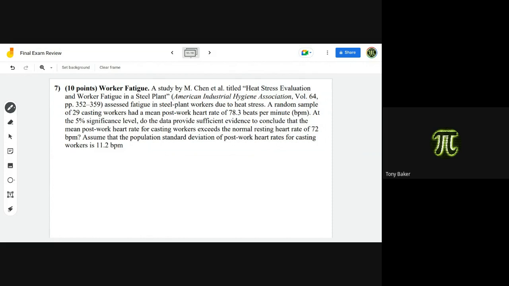All right. So this one is a hypothesis testing. The first thing we have to do for hypothesis testing is figure out my null hypothesis and my alternate hypothesis. In this case, my null hypothesis is that the mean is 72.